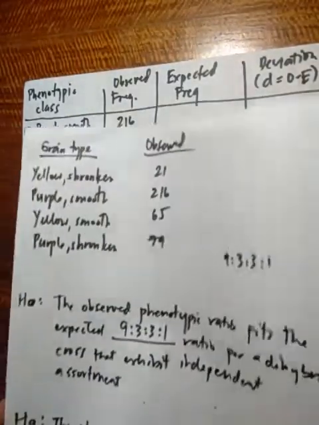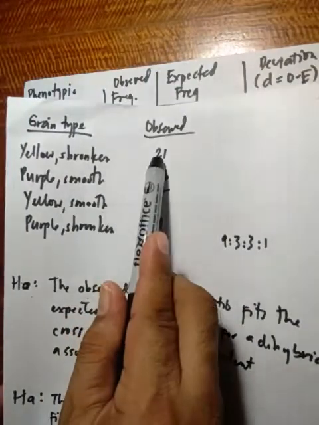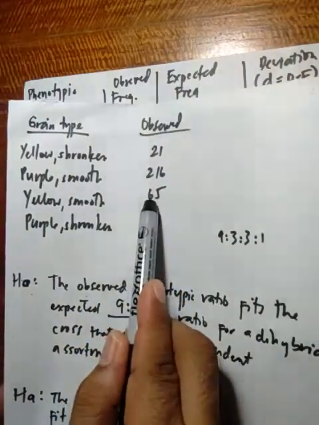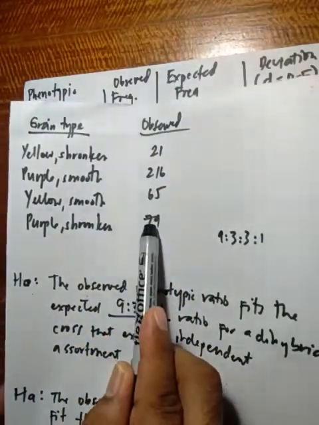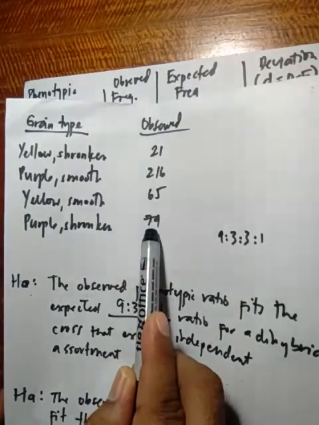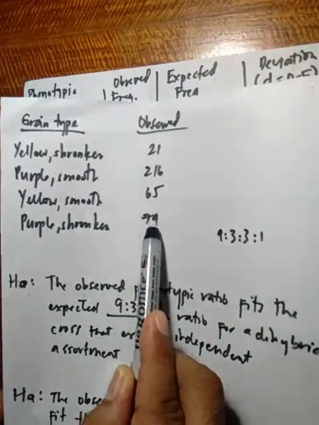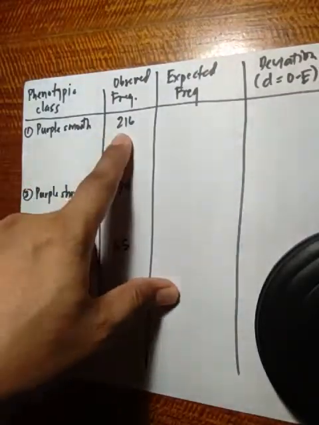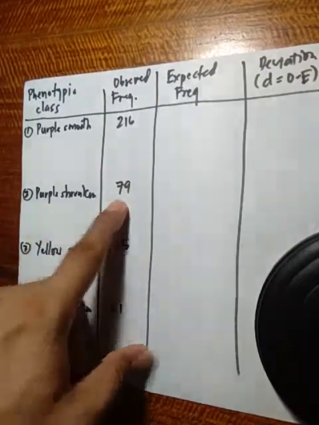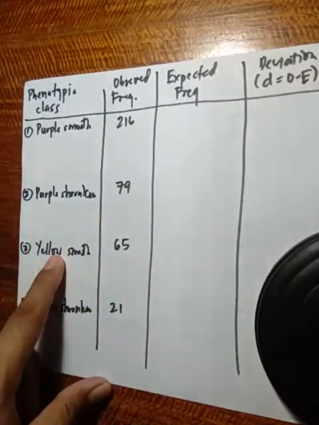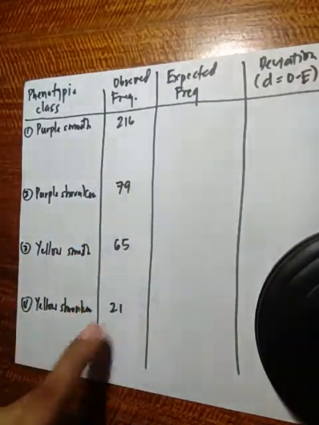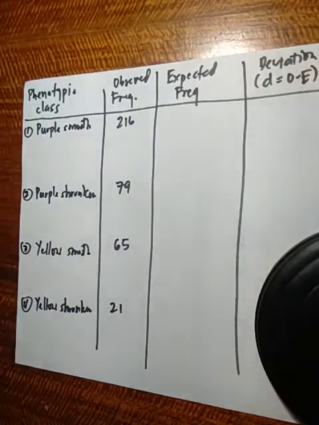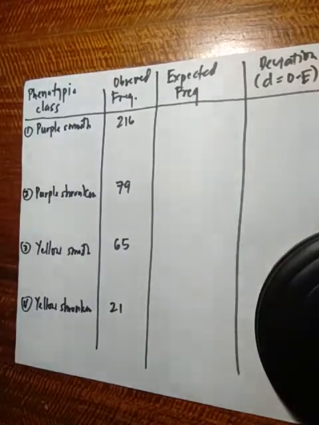The original problem has the following: 21, 216, 65, and 79, but it would be more helpful if we're going to write that in a descending order, as we can see right now. So the purple smooth is 216, the purple shrunken is 79, the yellow smooth is 65, and the yellow shrunken is 21. So what do we do next?